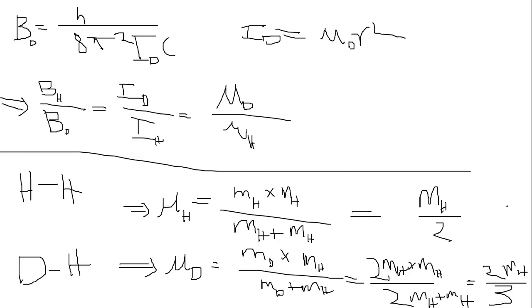So in one case it was half mH, but in one case it is 2 by 3 mH. So the ratio of Bh by Bd will be mu d by mu h. So mu d is 2 by 3 mH and mu h is half mH. So Bh by Bd will be how much?